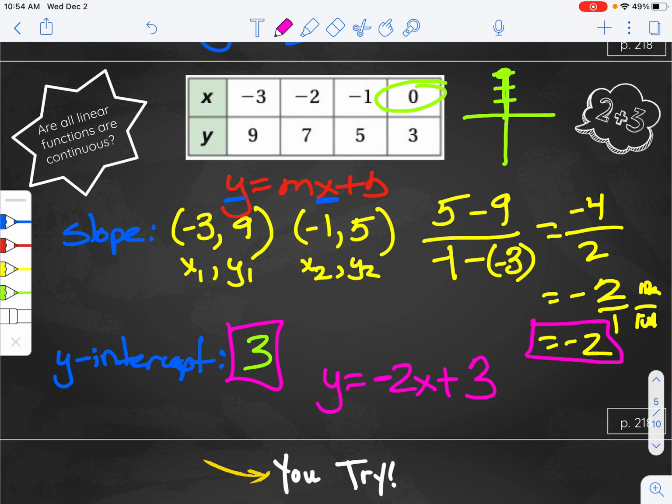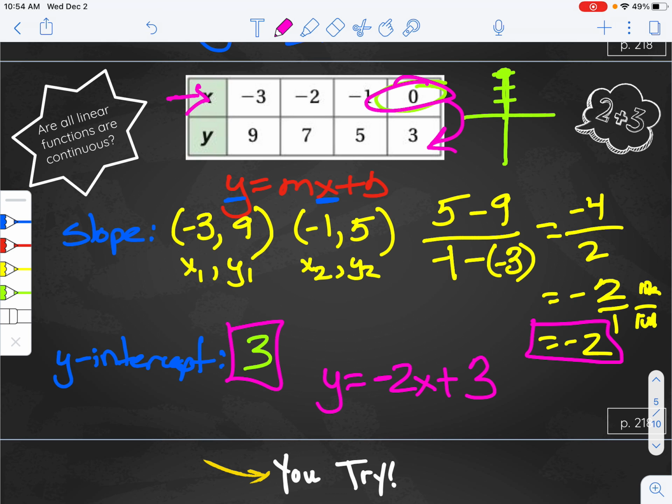We can check our equation. I'm not going to go through all of it right now, but we could check it if we were saying, this linear function seems a little bit off, or something went wrong. If we wanted to plug in one of our x values up here, say we wanted to plug in 0, then we should get our y value that corresponds with it. We should get 3.